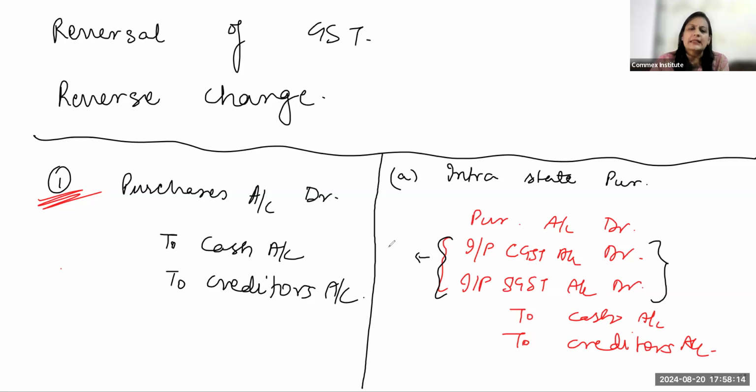But otherwise, this is an asset, because we'll get credit of it when we sell the goods to the other party, and only the remaining amount we will have to deposit with the government. Children, even if you don't understand, keep doing the entries, and the entries will become clear.